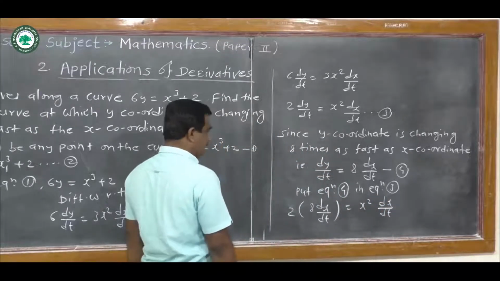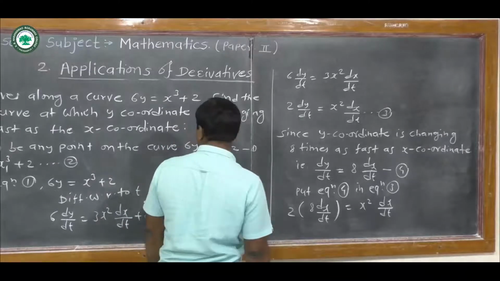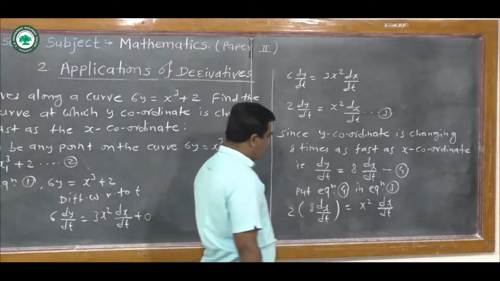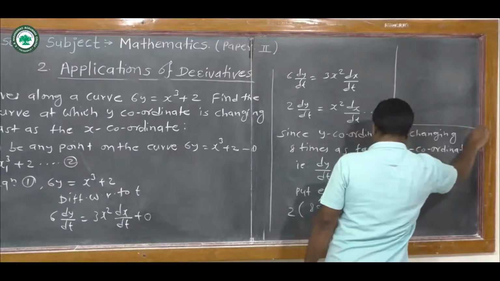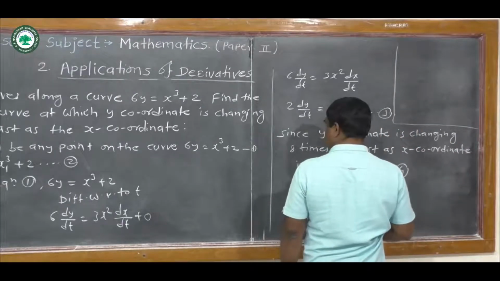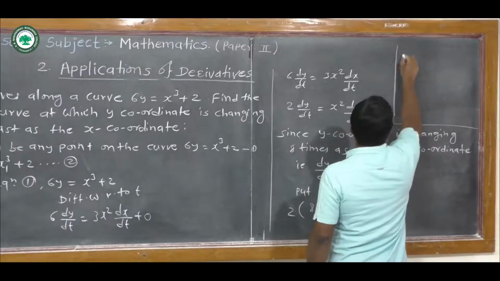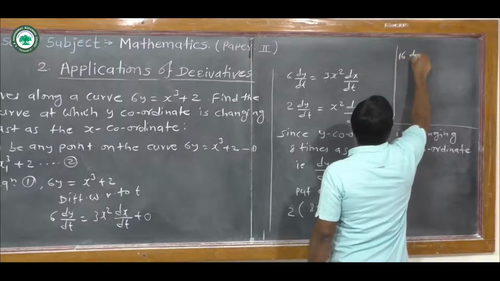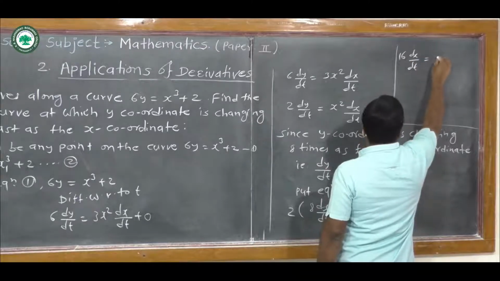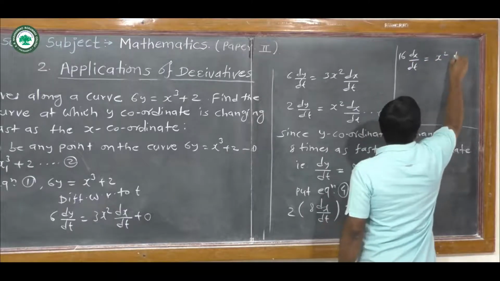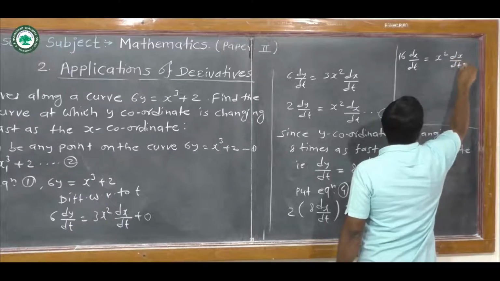That is, we can write here 16 into dx by dt is equal to x square into dx by dt.